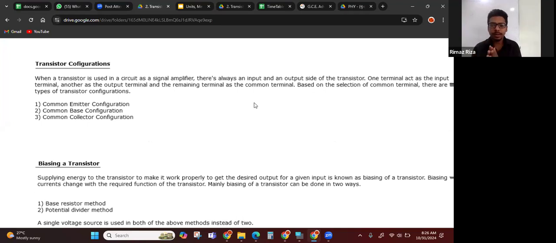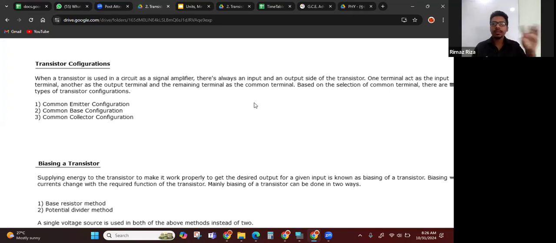So there are three terminals, right? Collector, emitter, and base. If one terminal acts as the output and the other one acts as the input, then the remaining terminal acts as the common terminal. That is, it is common to both.